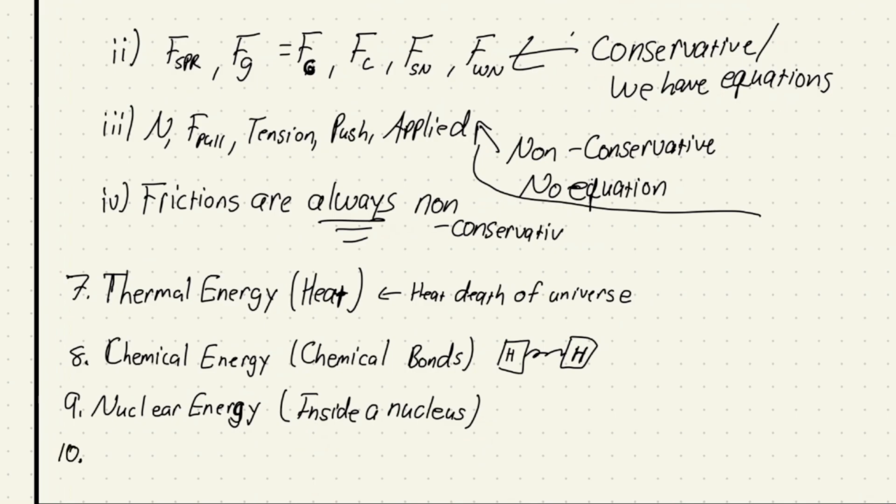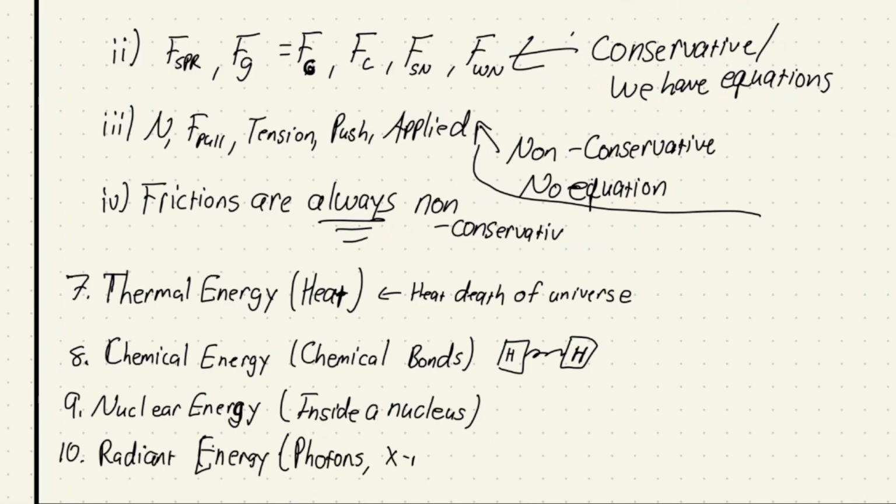There's some more types of energies we could get into. Let's see, what other types of energies can we talk about? There's several. Oh yeah, radiant energy. So radiant energy is like X-rays, photons, basically. So these are due to photons.